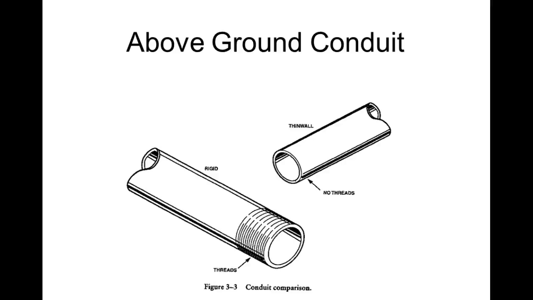So we'll use different types of compression couplers and joints on thin walls. We use thin wall a lot. Rigid is real hard to bend into shapes, of course, because it looks a lot like some of the old plumbing pipe that we had. Thin wall is a lot easier to bend into shapes to make it go around things.